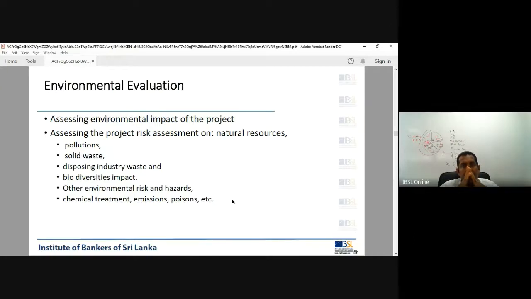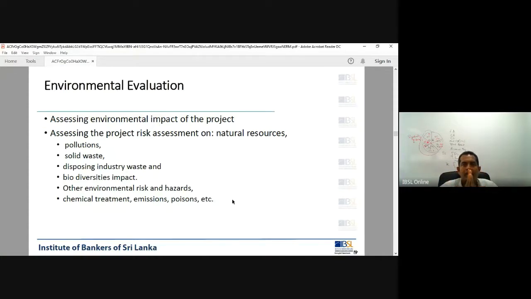Because of that, if you throw that to the environment and burn it, you destroy the air with smoke and dust. You bury it, you block the waterbed. Think over it. You protect the environment first.